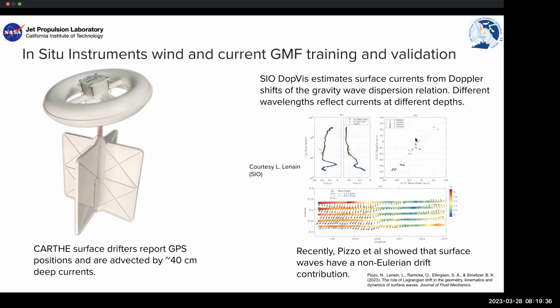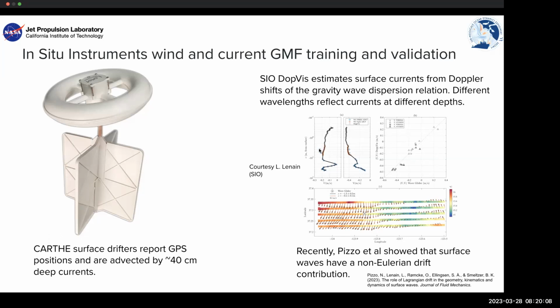You can see a pretty good correlation between them. You can also see potential issues that we may have to address in the future. One of them is that between 4 meters over here and the surface, there can be substantial shear. So that's something that we need to find out, whether that's going to be a systematic problem and how much of that shear is going to be getting into the 4-meter estimates that we're going to try to do.